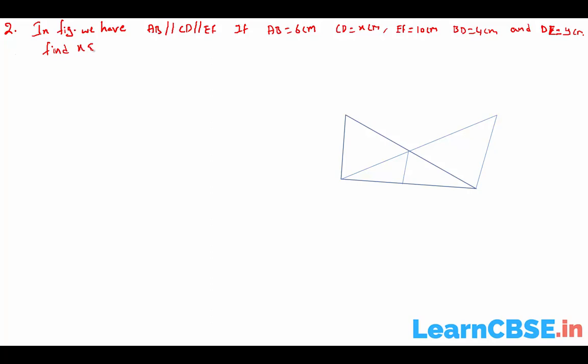Find x and y. Now given AB parallel to CD parallel to EF, so all these are parallel.